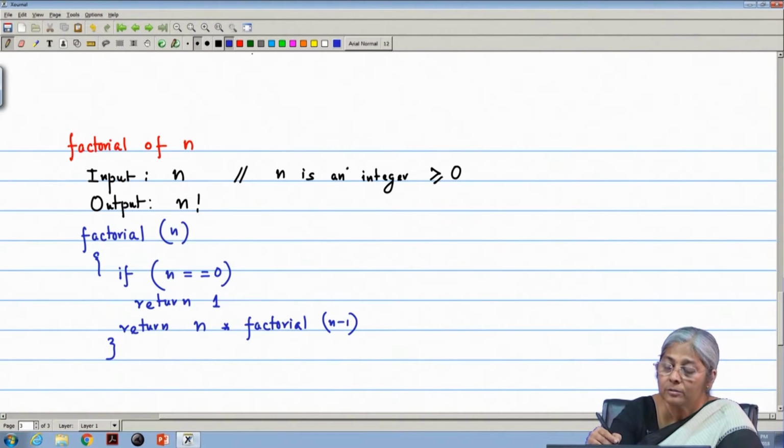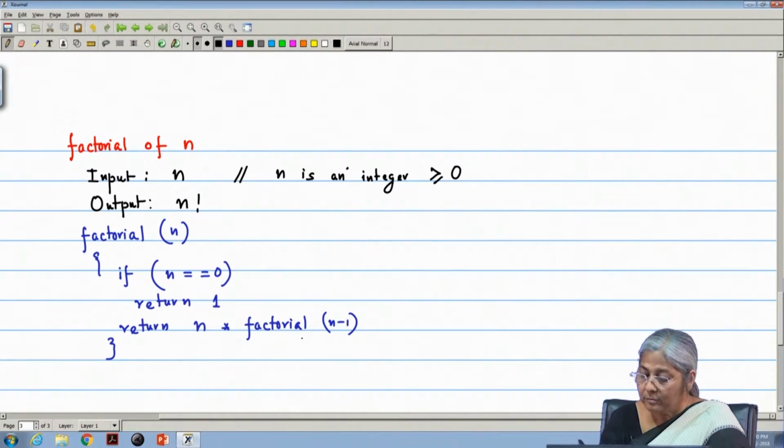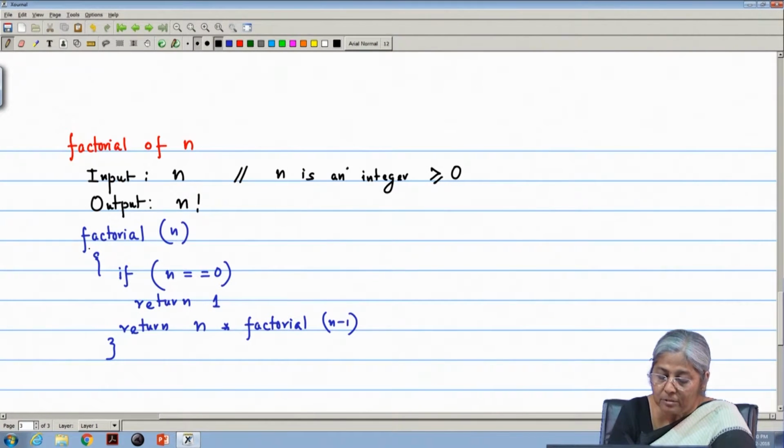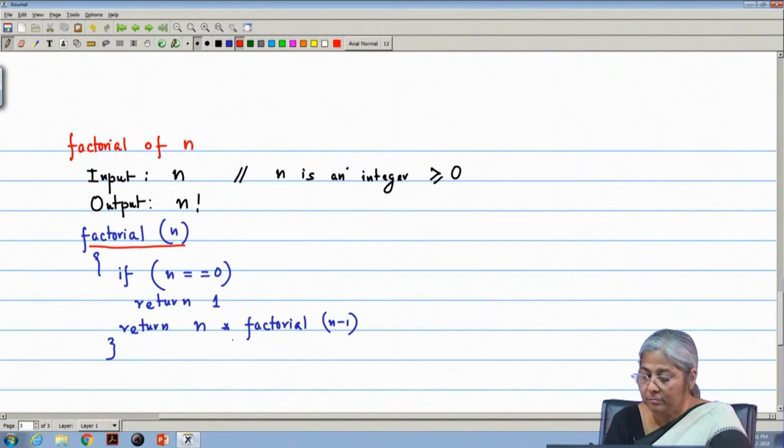So, we see that here this function is factorial(n), and we have written, when we are computing the function n into factorial(n minus 1), which is of the same type with smaller inputs, that means n minus 1 is less than n.